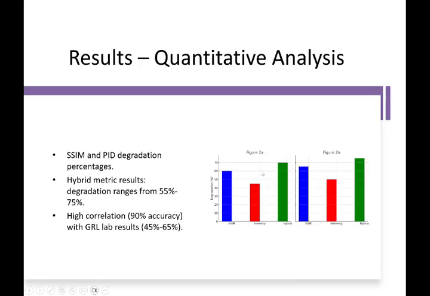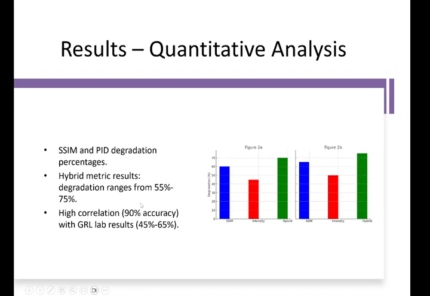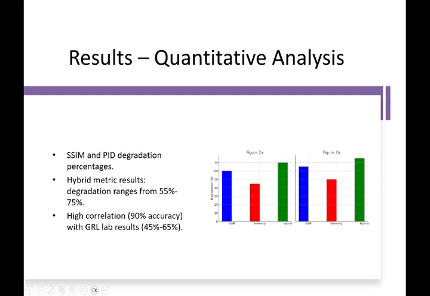So now here is the graph. You can see the SSIM, intensity and hybrid methods. There is a high correlation accuracy of 90%, but with the GRL lab results of 45 to 60%, this is the correlation accuracy. It is 90%, but with GRL lab there is a lot of improvement needed, because the results we got from the GRL laboratory are matching about 45% and 65% with this method.